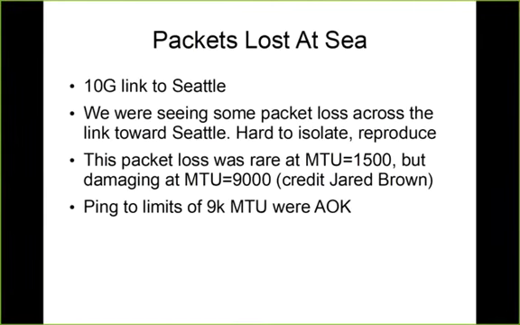Okay, so part two. This is like one of those Hollywood movies, it's several vignettes about different things that turn out to be interrelated at the end. So this is a troubleshooting scenario. We had a 10 gig link to Seattle. We're seeing some packet loss across the link towards Seattle, hard to isolate, hard to reproduce.